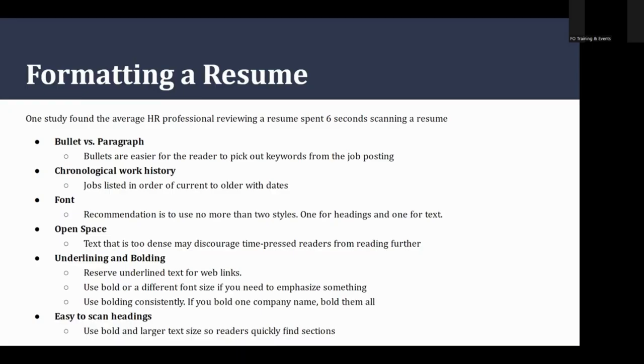You also want to make sure it's easy to read and it's specific to this position. Again, you don't want to have a resume that is broad and overview. You want to give yourself the best shot of getting that job.